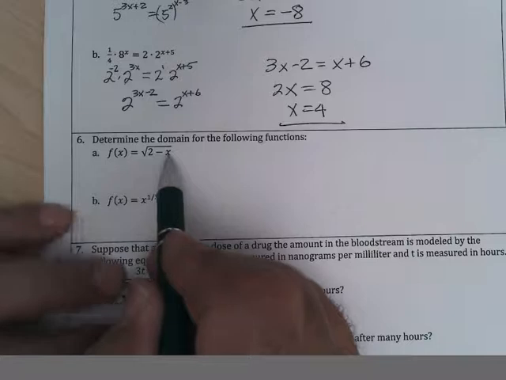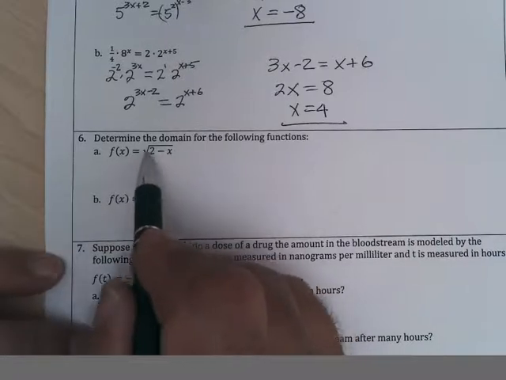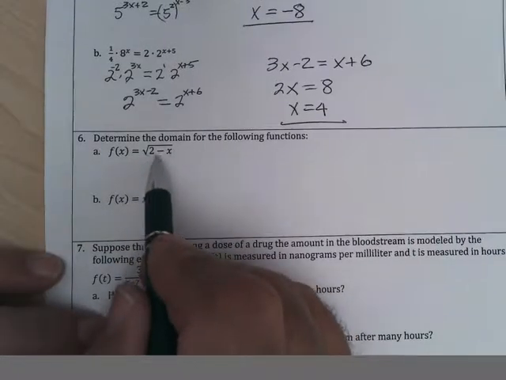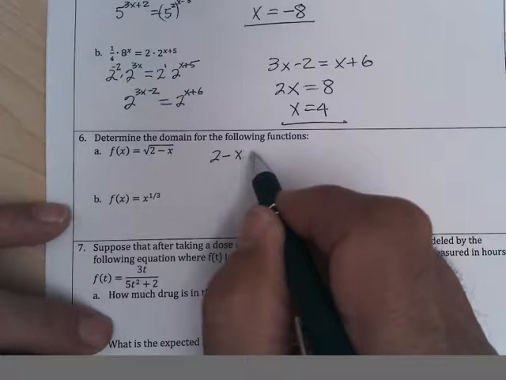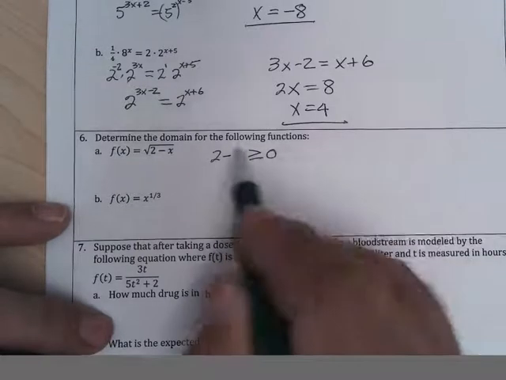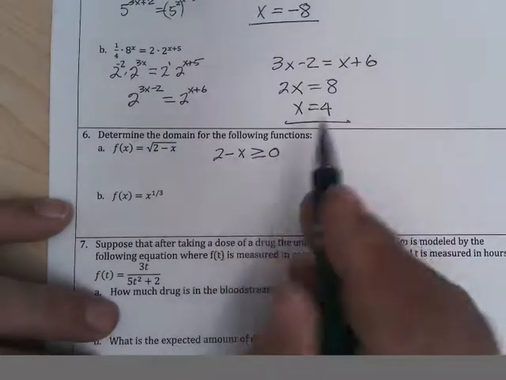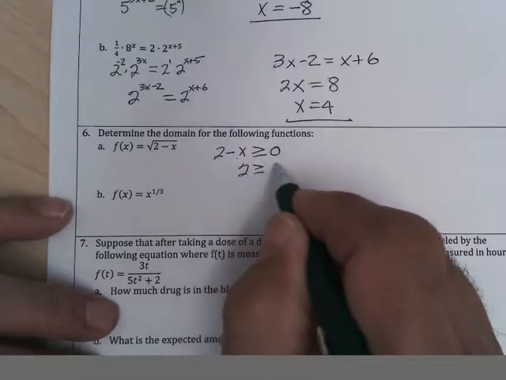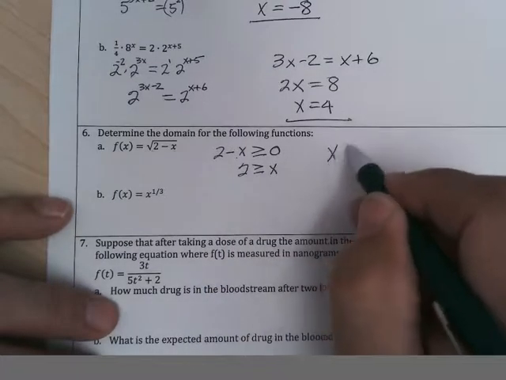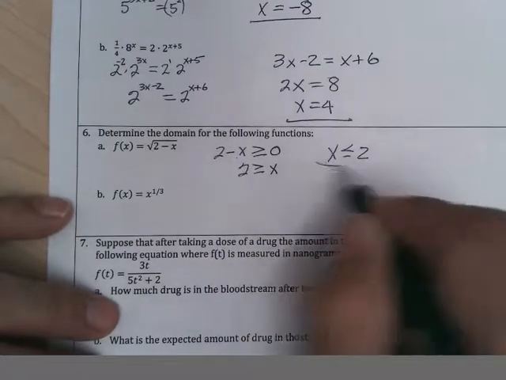Okay. Determine the domain for this. Well, the inside has to be 0 or greater. So 2 minus x has to be greater than or equal to 0. If I add x to both sides, I get 2 is greater than or equal to x, or x is less than or equal to 2.